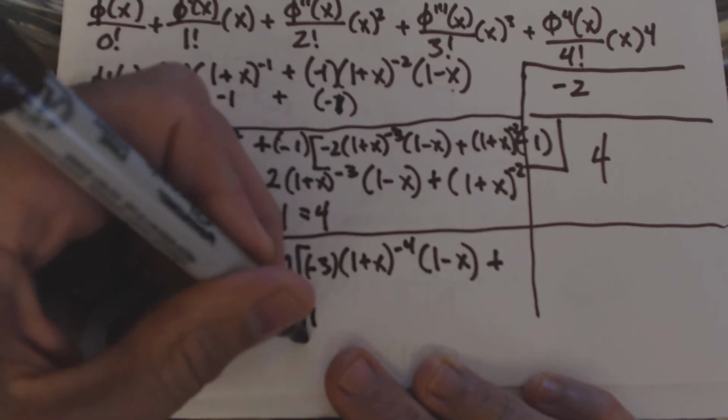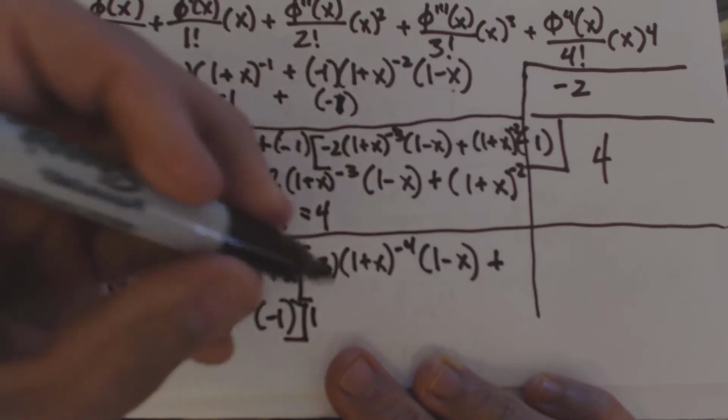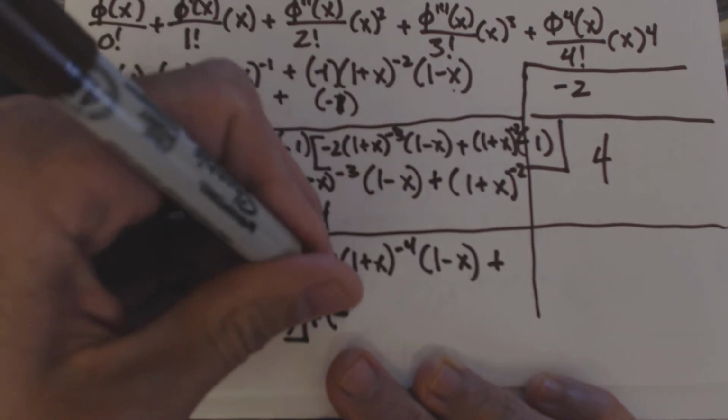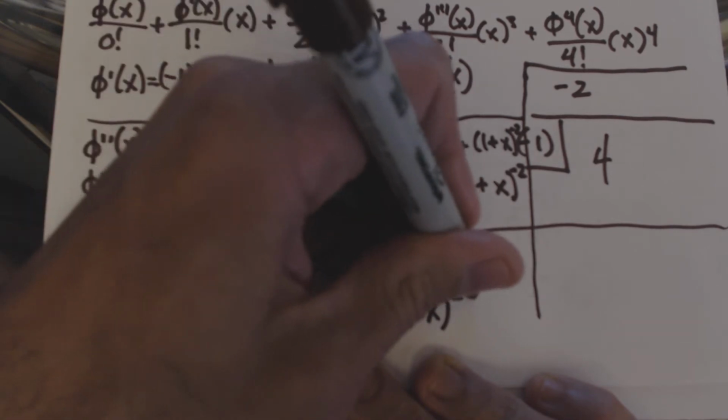So we're done with that. And now we're going to take the derivative of this last term here, plus negative 2 times 1 plus x raised to the negative 3 power.